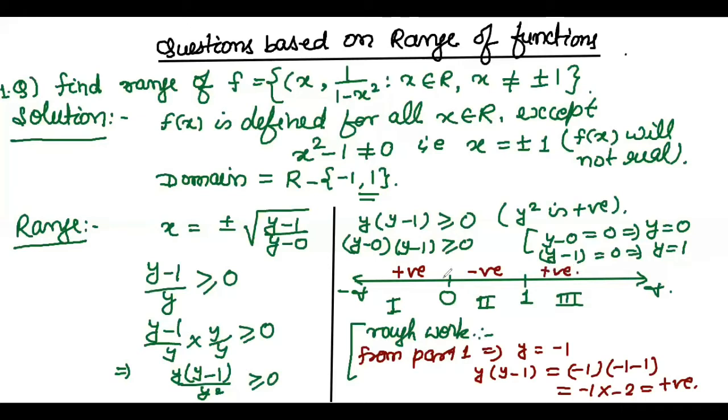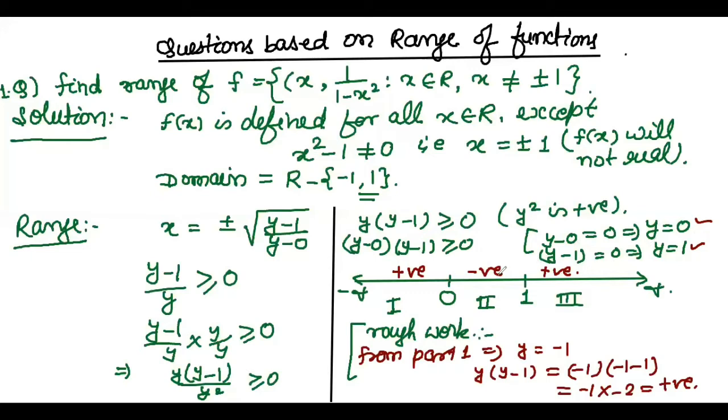When will we apply alternate signs? When we get a value an odd number of times. Here we are getting 0 only one time, and 1 also only one time. Because of that we are changing the sign. And if we get any value an even number of times, we will not change the sign.